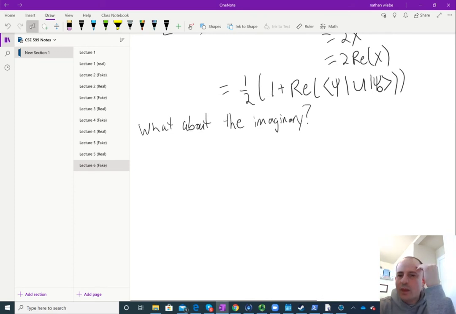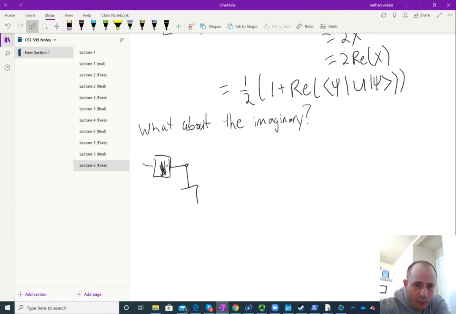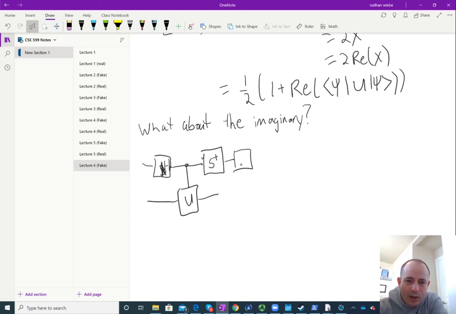So the imaginary part we can similarly find just by modifying the circuit slightly. The way that we modify the circuit is we begin with the Hadamard transform, just as before. We apply a controlled unitary transformation down below. But now we're going to put in an S dagger gate, then a Hadamard. And recall that S dagger is equal to 1 minus i over here.